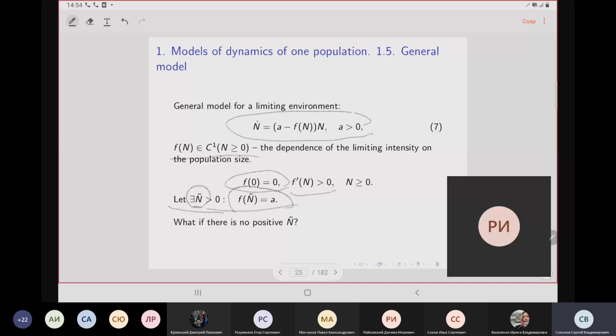What does it mean from the biological point of view? Is it okay from the biological point of view or not, if there are no positive n tilde such that f of n tilde is a?